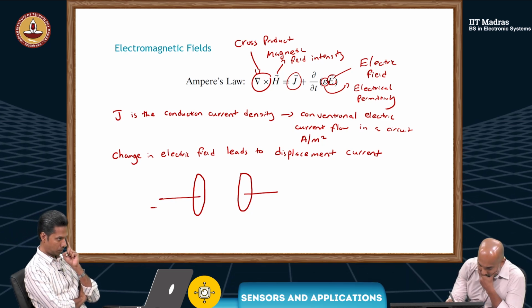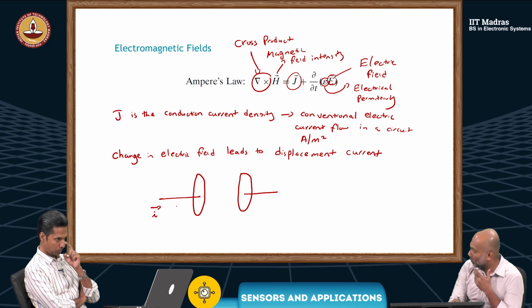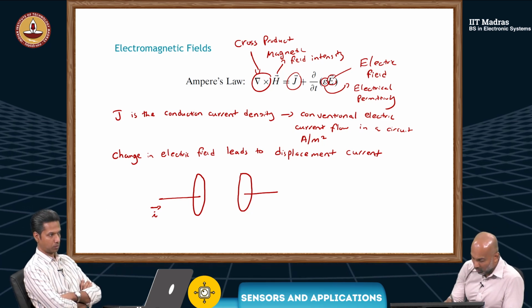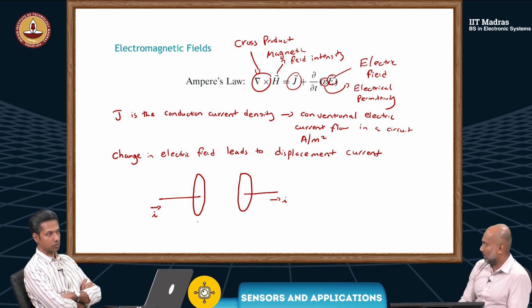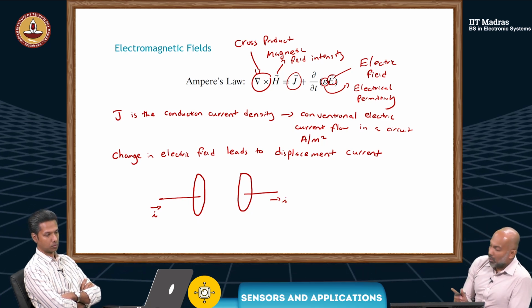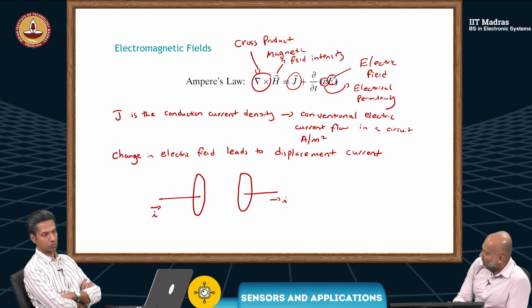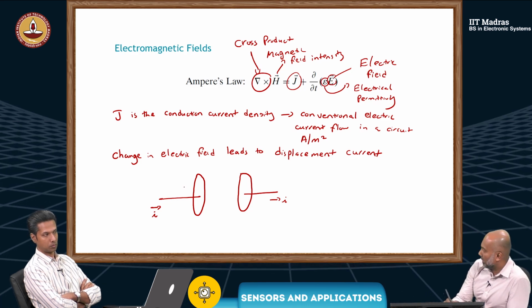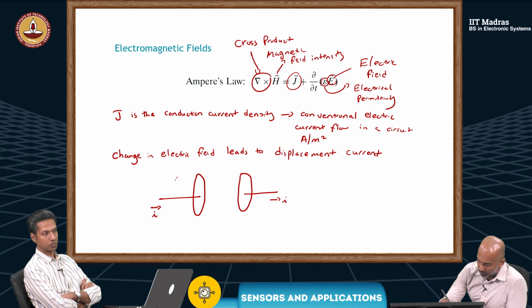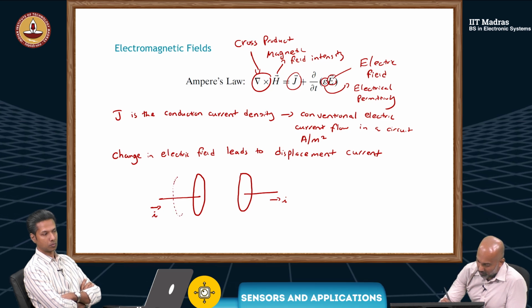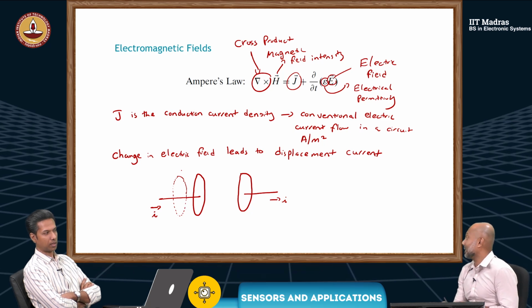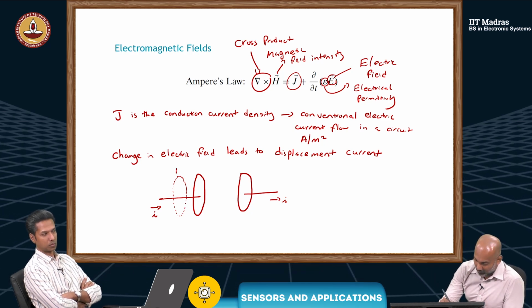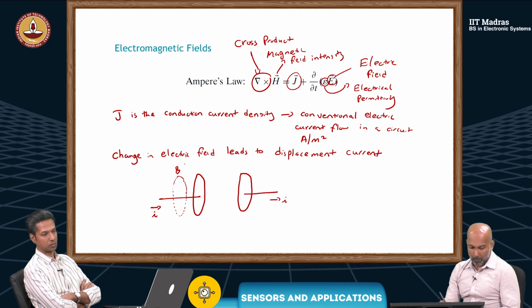Now, let's say you send a current I through this wire. It goes here, comes up here, to the capacitor. Now, as you said, Boby, when there's a current in a wire, there will be a magnetic field here, correct? Let's say B.